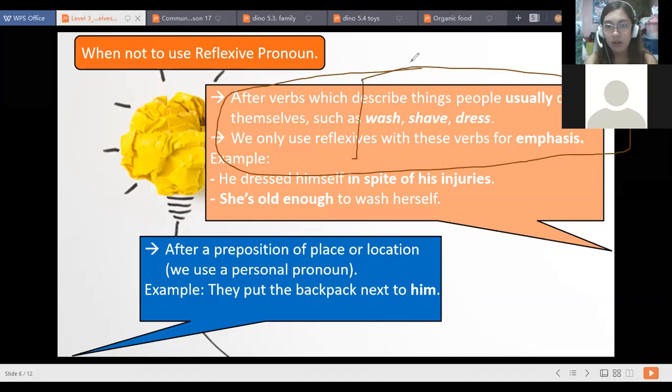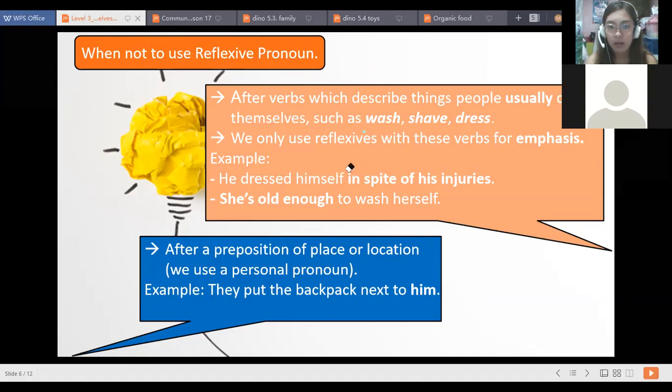After verbs which describe things people usually do for themselves, such as wash, shave, dress, we only use reflexives with these verbs for emphasis. Okay, so can you give me the example?